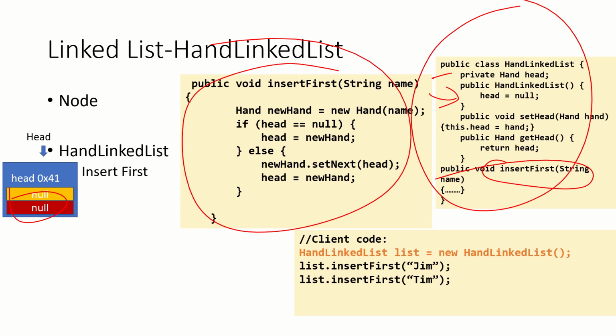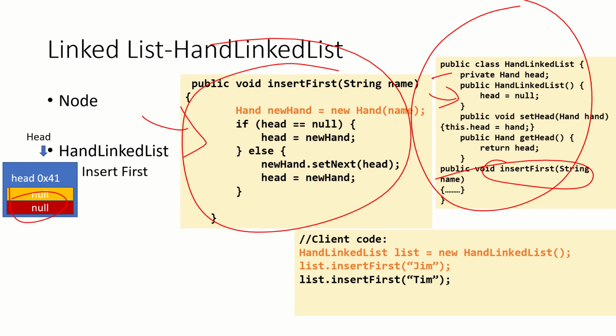That makes sense? The second step, we're trying to insert a new one as a first, as a head, right? So which will lead us to this insert first method.